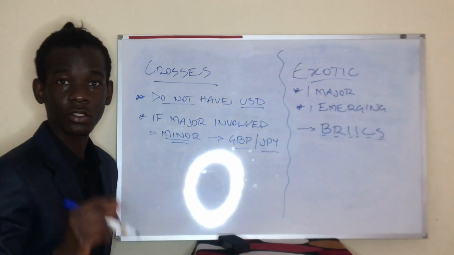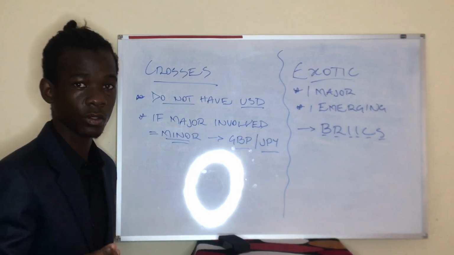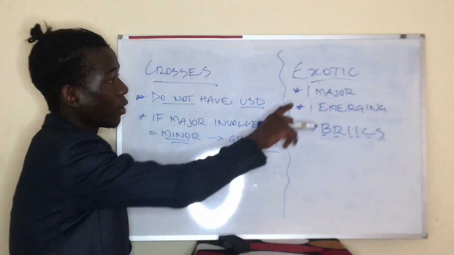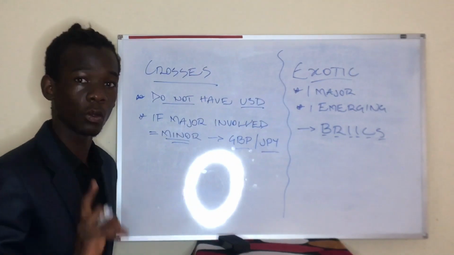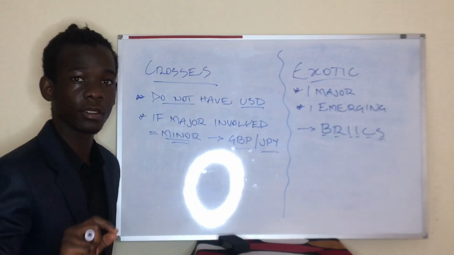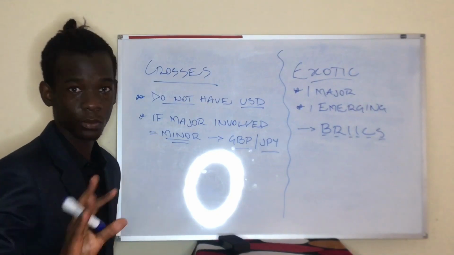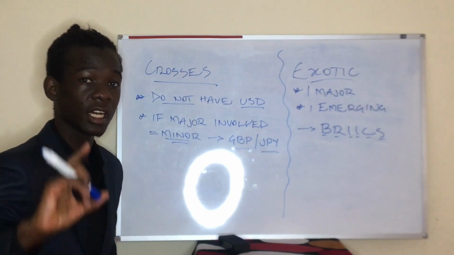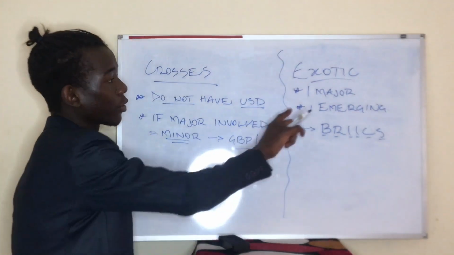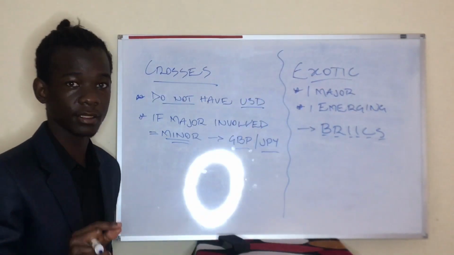When it comes to exotics, there's 2 points we need to know. The first one is that one major will be involved, always. So you'll always find the pound, the yen, the Swiss franc, the euro, the Australian dollar, whichever it is, provided it's a major currency, alright? And you'll also find one emerging currency, okay?